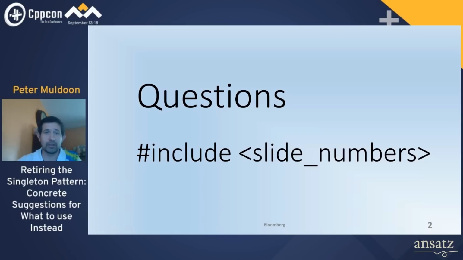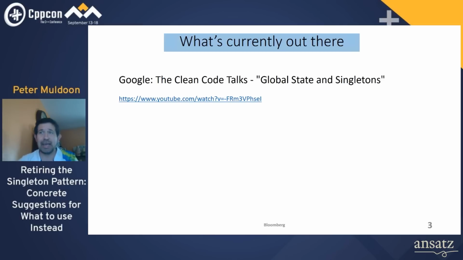So what I did was I went out onto Google, took a look around, and about half of what I was seeing out there was how to do a singleton pattern properly. Here's how you do it, tutorials. And about the other half was roughly saying it's a really bad thing and no one should use it.